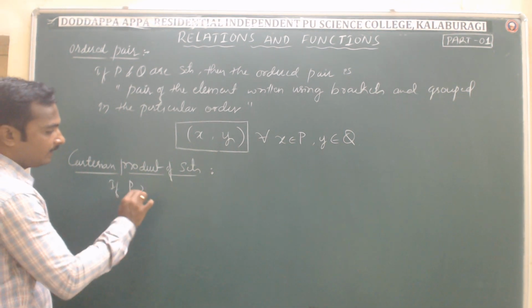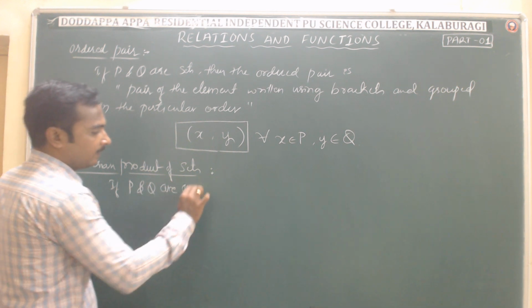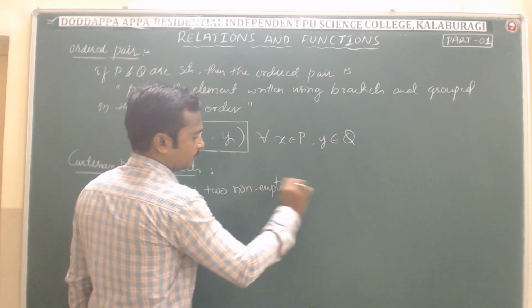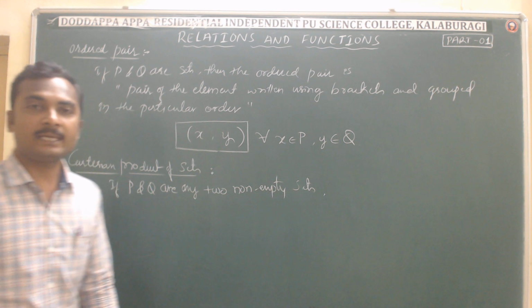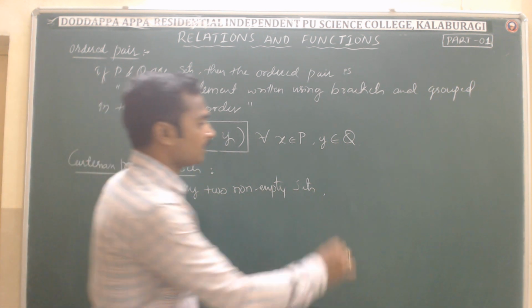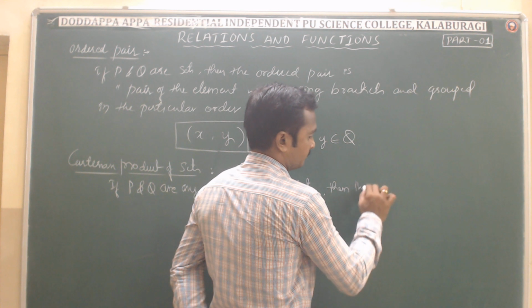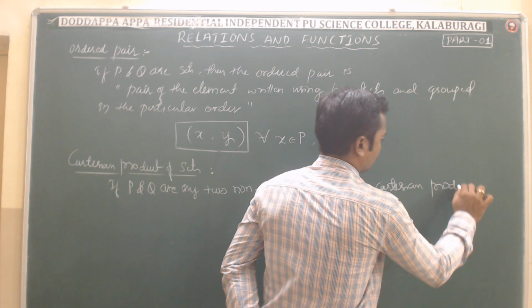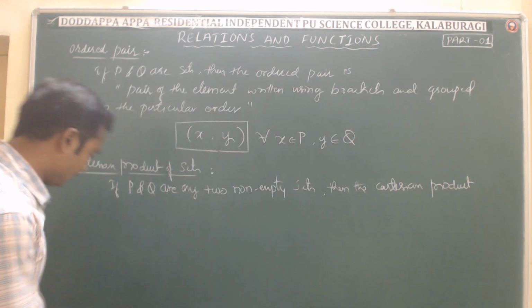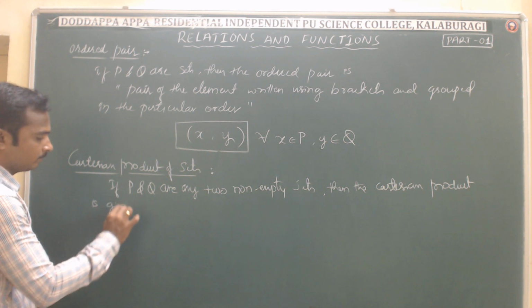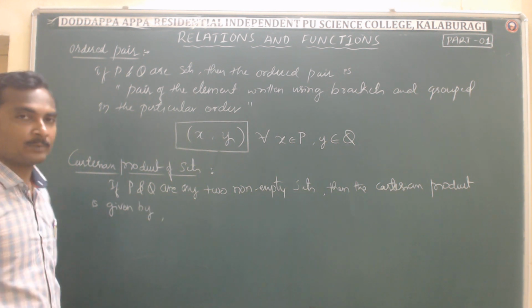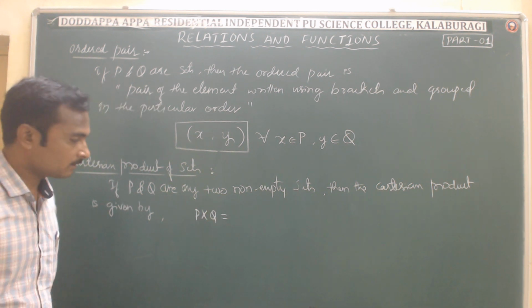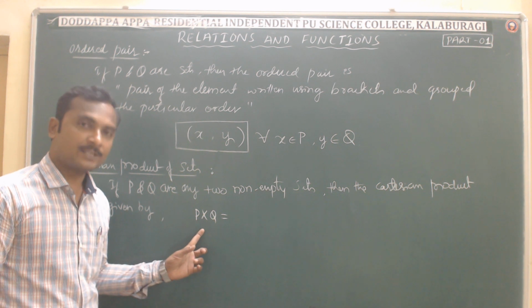if P and Q are any two non-empty sets, then the Cartesian product is given by P cross Q. The cross will be indicating the Cartesian product of the sets.